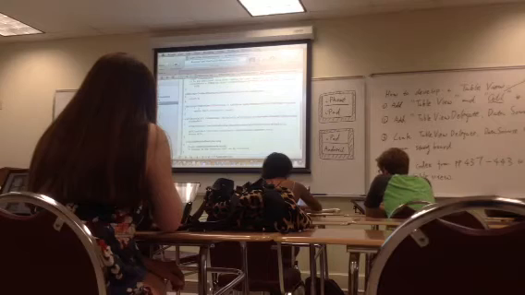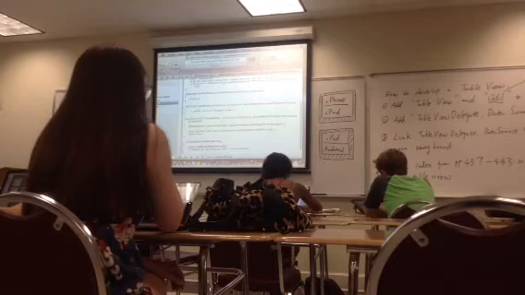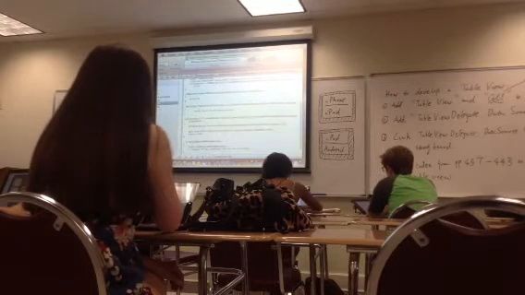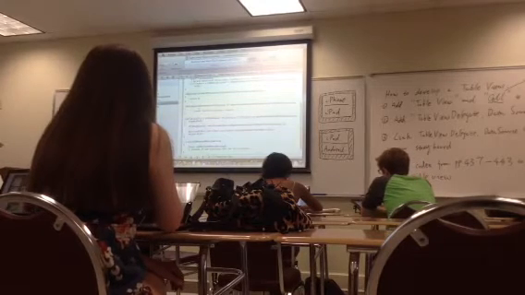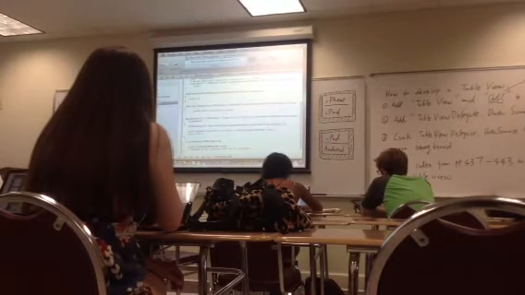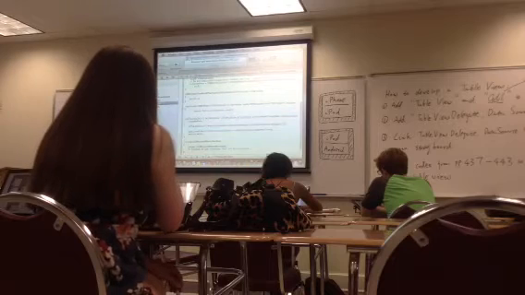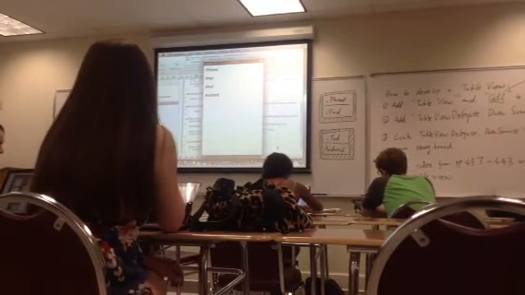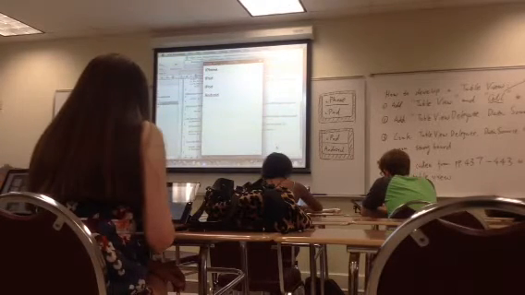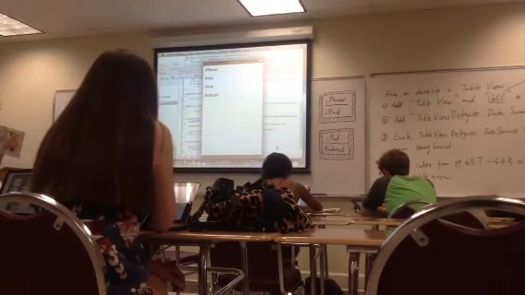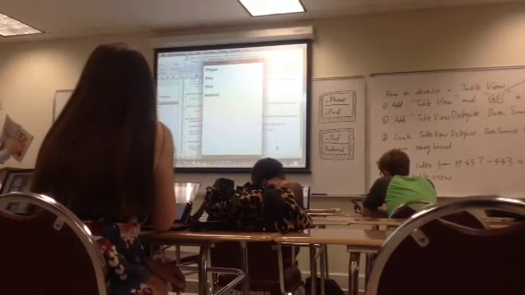Figure 14.1. Laura, can you see? 423. Figure 14.1. The one on the right? No, both of the pictures. You see the difference? Yeah. 423. Or you can search figure 14.1.